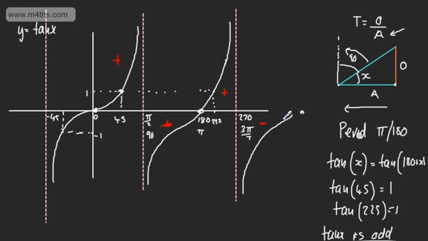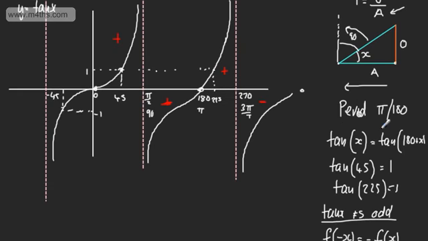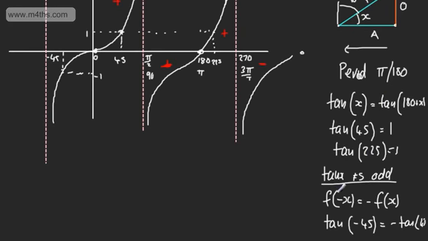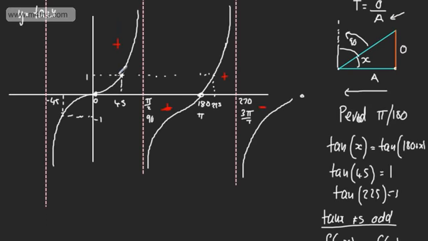We see now that the tan of x is equal to the tan of 180 plus x. We've seen that it's now an odd function, so f of minus x is equal to minus f of x. And we've seen that it's positive in the first quadrant, negative in the second, positive in the third, and negative in the fourth. So there we go, that's a brief introduction to the graphs of trigonometric functions, and in the next video we will look at translating them.